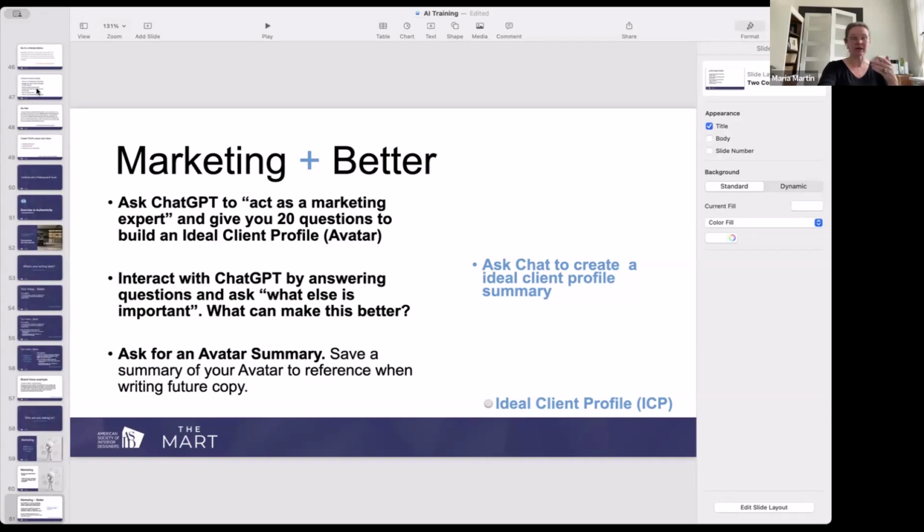And you can interact with chat and say, hey, ask me 20 questions about my ideal client, and then you can answer them. But Jason has a more tailored version of that for you with some more industry specific details to it. But you can always play around with ChatGPT and work with it.